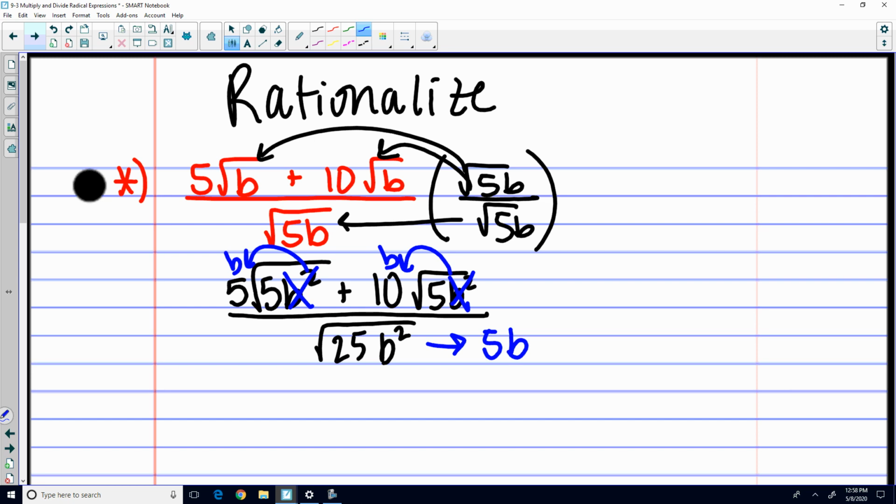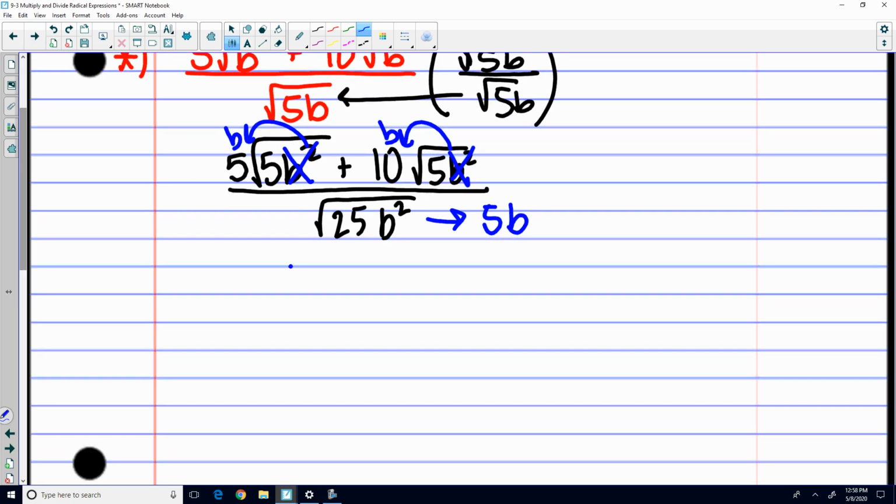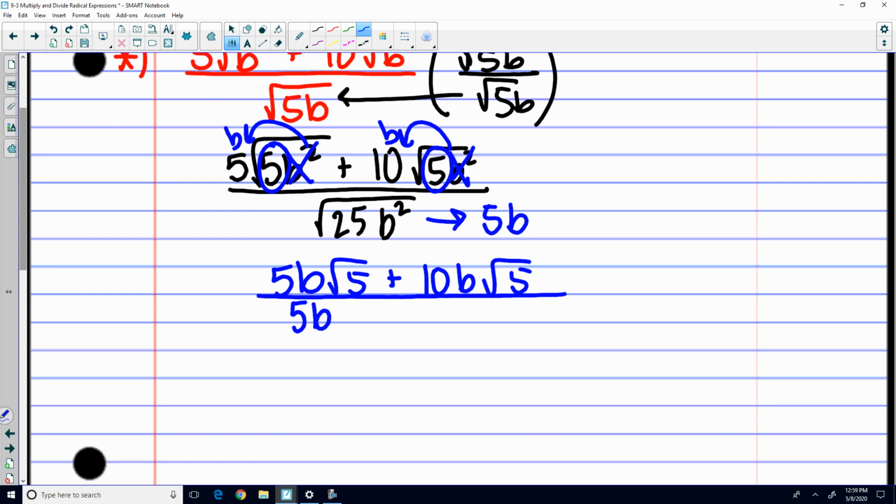All right, let's break her down. I'm going to have 5b, and I was left with just a square root of 5 here. I'm going to have 10, a plus sign first, 10b, and I was left with just a square root of 5 here. Division bar, all over 5b. I'm going to go ahead and bring that out right away here. Okay? Let's divide.